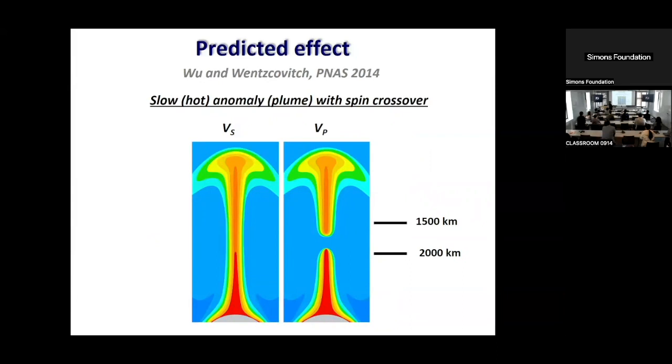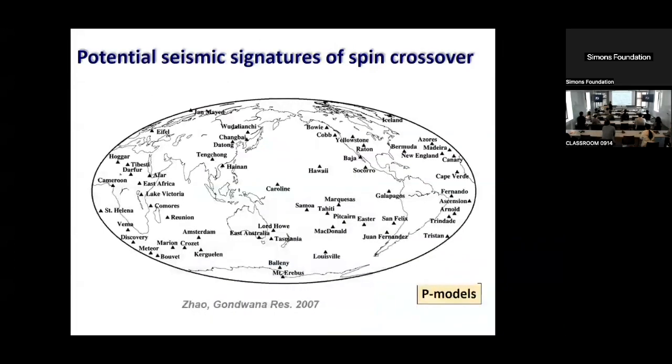So this is a prediction, but in fact it was more of a post-diction, because there were tomographic models. You have to look for these images in P models. You will see the signature of the spin transition in P models, or in the relationship between P and S models.